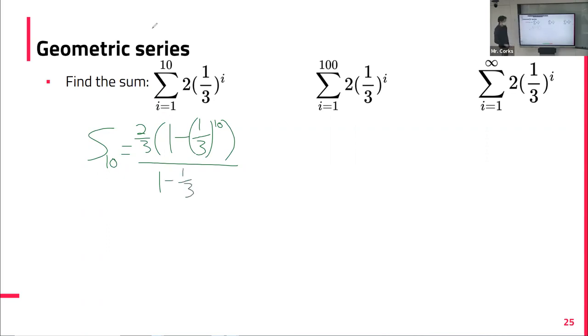Let's simplify this. 2/3 over 2/3, and on the inside here, 1 minus 1/3 to the exponent 10.